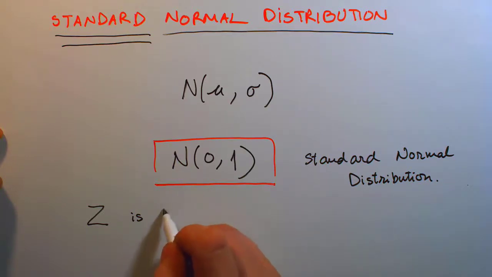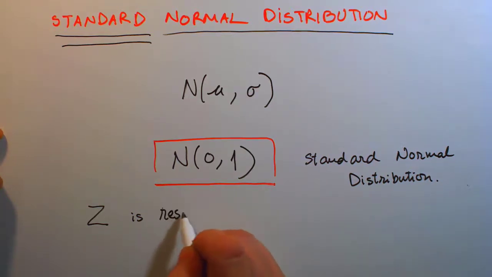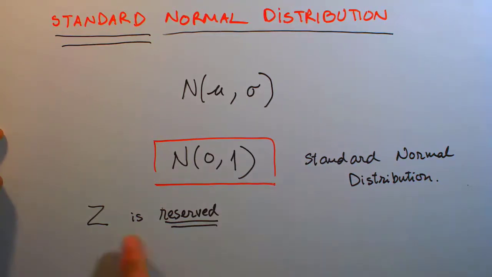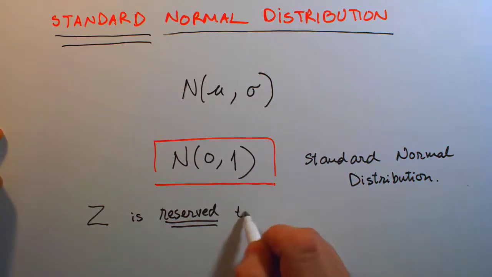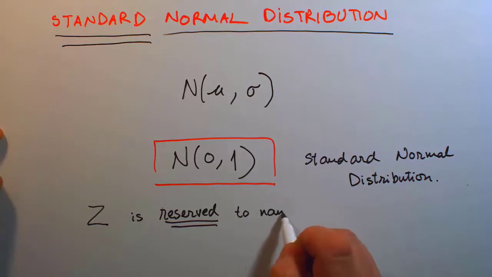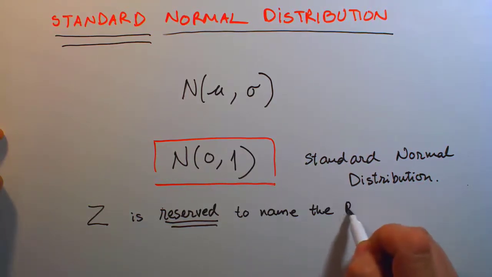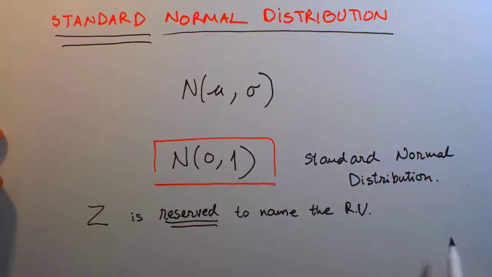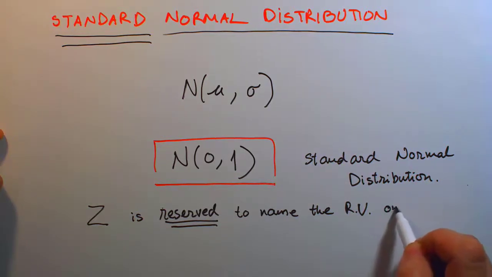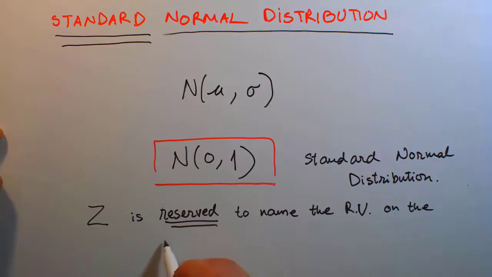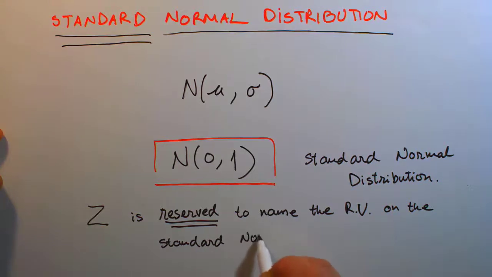So the special capital letter Z is reserved to name the random variable on the standard normal distribution.